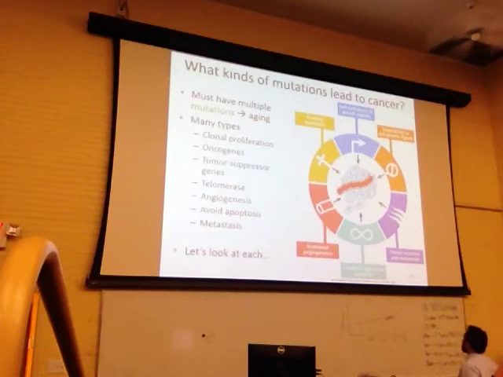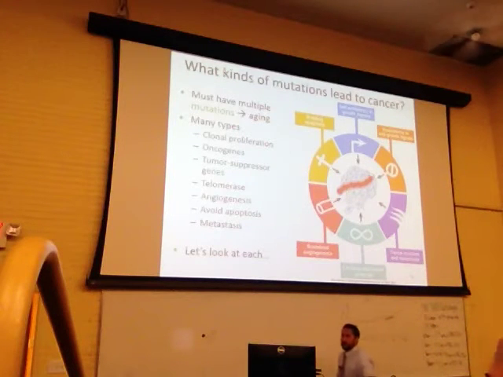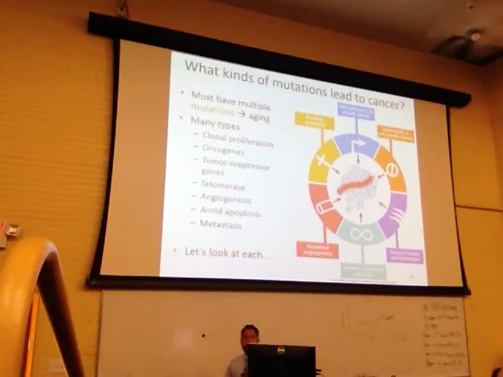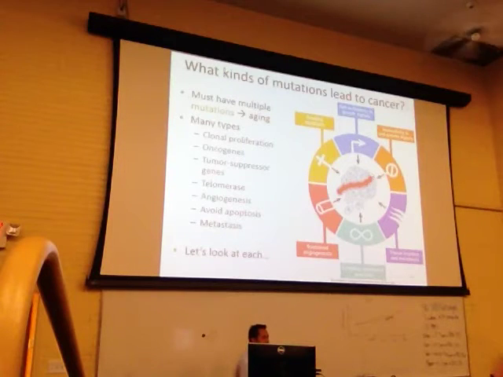And this figure over here that I really like gives some examples of the different types of mutations that take place within cells, getting them closer and closer to becoming cancerous.